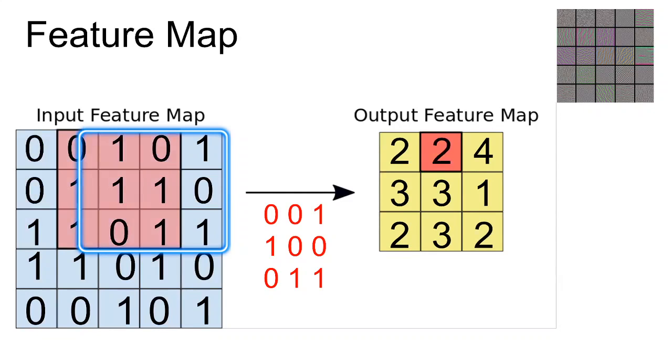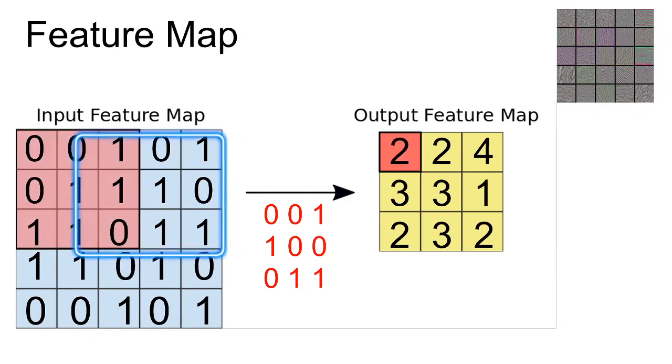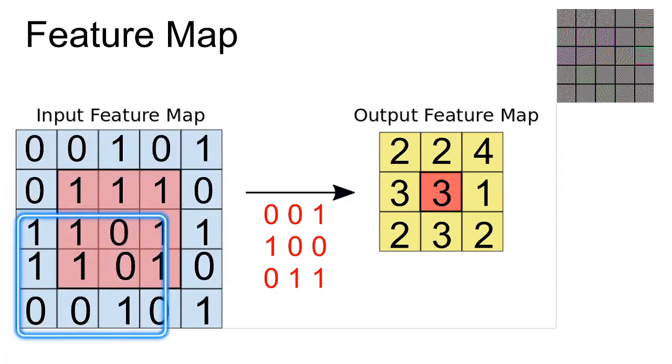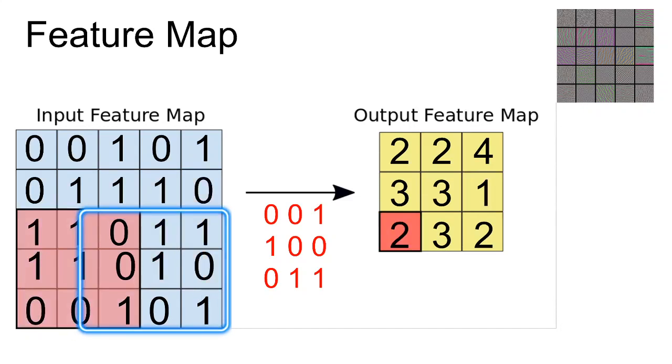This shows that all of the elements match, so we have four matching elements. So let's give the output feature map as 4, such that it slowly moves to every part of the image, and we have calculated the output feature map.